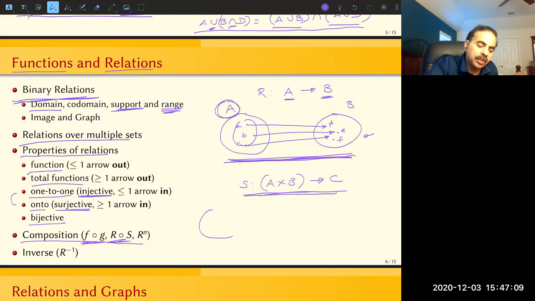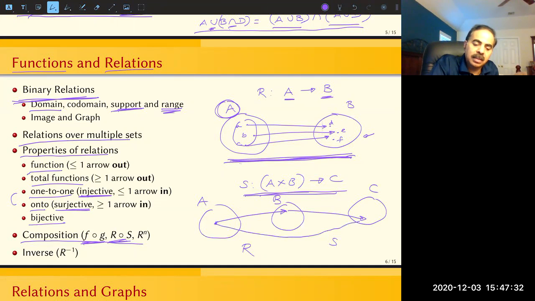And for relational composition, we have one relation from, let's say, A to B, let's call this R, and another relation from B to C, let's call this S. Then the composition is simply going to connect this element to that element, right? So essentially what it says is that if you can go from A to C by going through some point in B, then you can connect A and C directly.